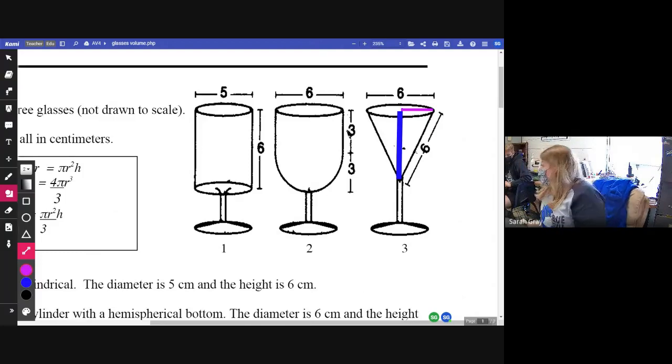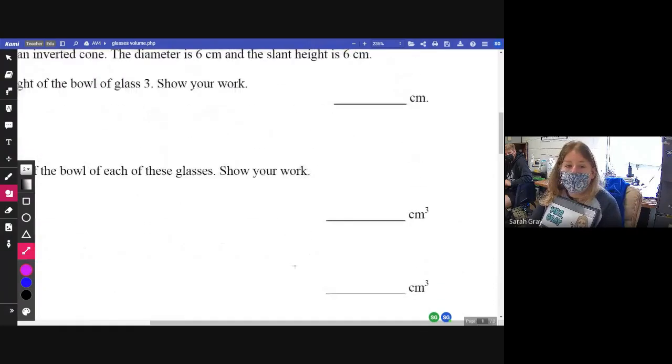Number 2, 117. For the which shape? All right, but number 2 is asking for all 3 of them. 2A.